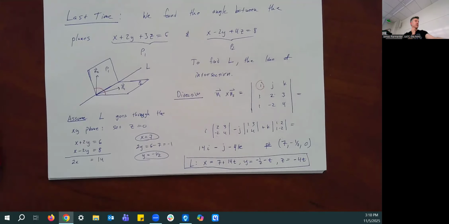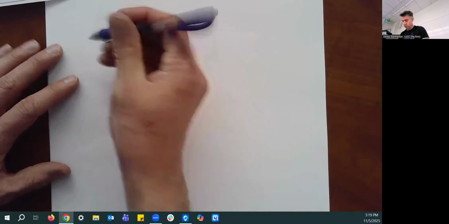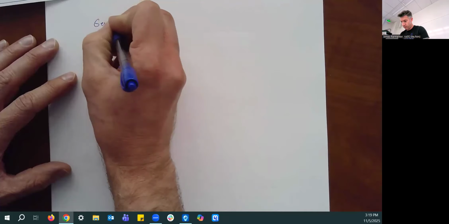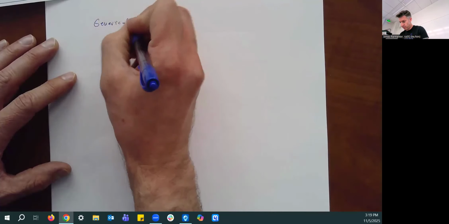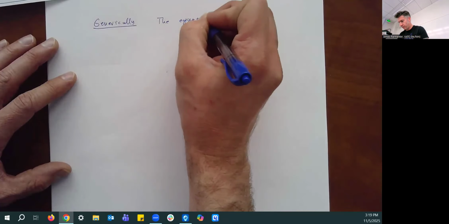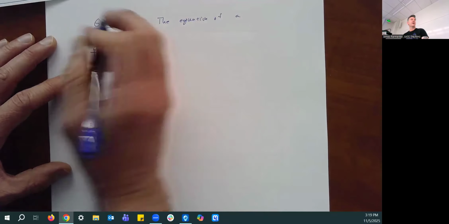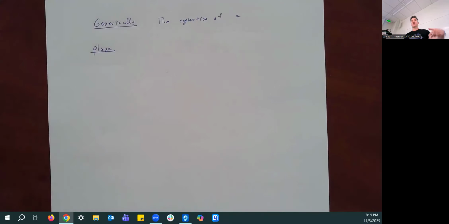As far as finding the distance between them, or what the equation of a plane looks like. Yes, but we can talk about it more. I can say very generically, the equation of a plane looks kind of like the equation of a line, except with an extra variable.